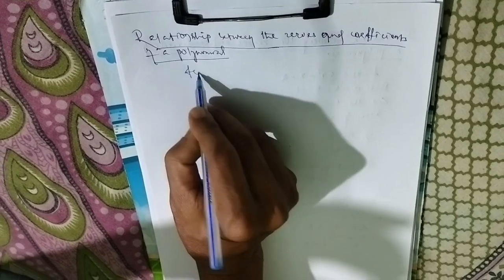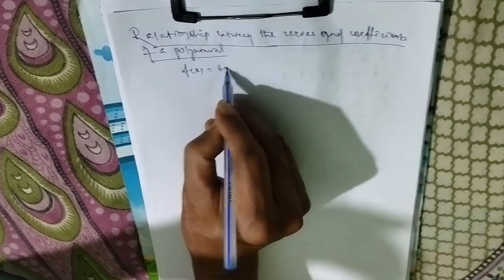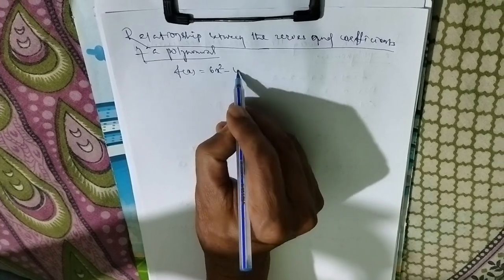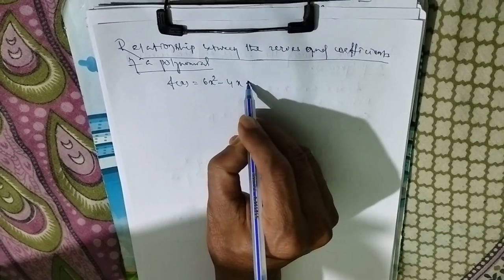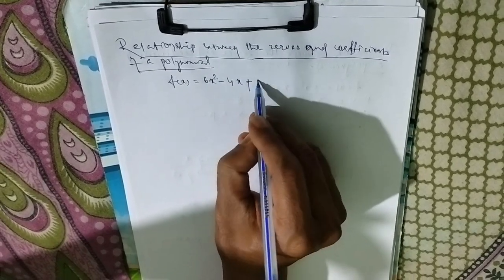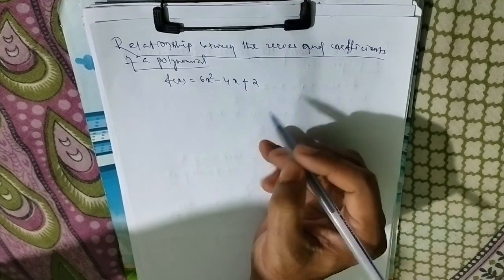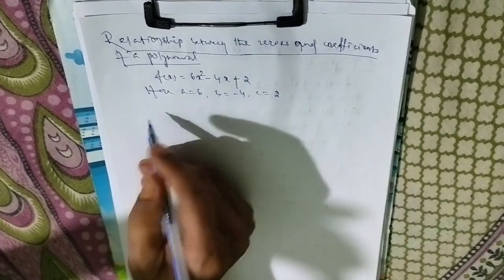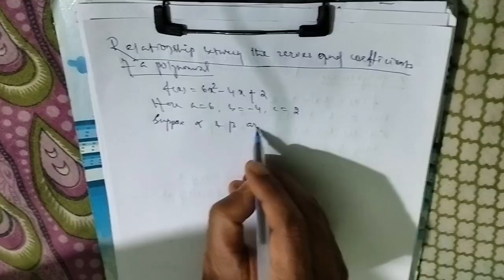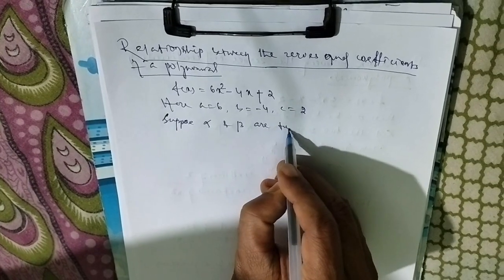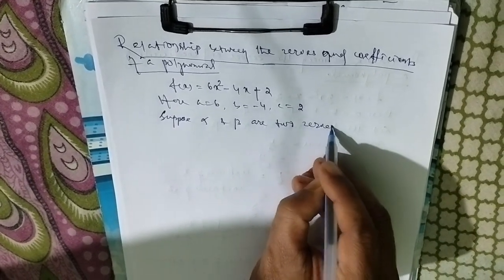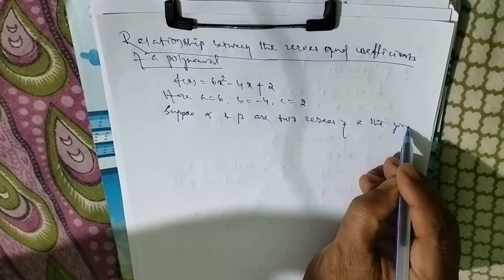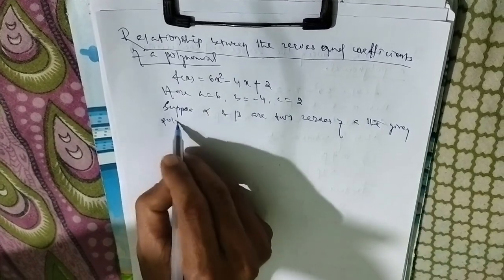Suppose f(x) is equal to 6x square minus 4x plus 2, and alpha and beta are two zeros of the given polynomial.